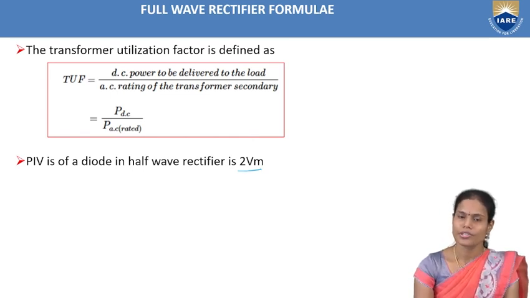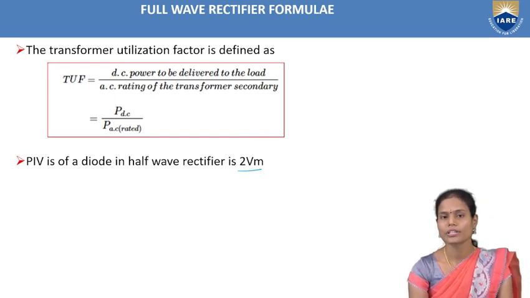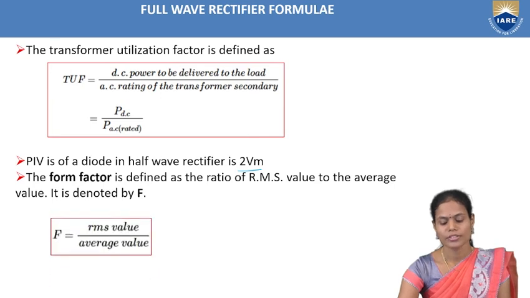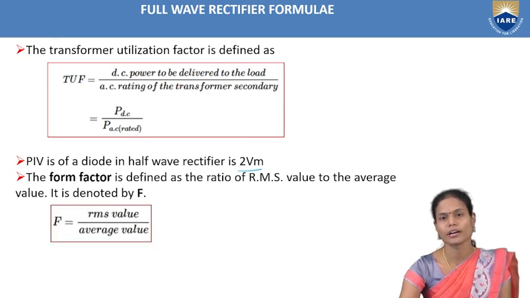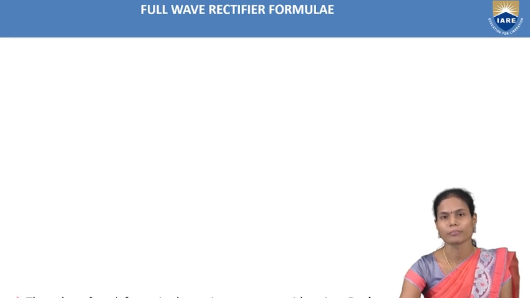Why? Because in each half cycle one diode is in the off condition, so that's why two diodes are present, and Vm plus Vm is 2Vm here. And the form factor is the ratio of RMS value to the average value, that is nothing but the AC value to the DC value.